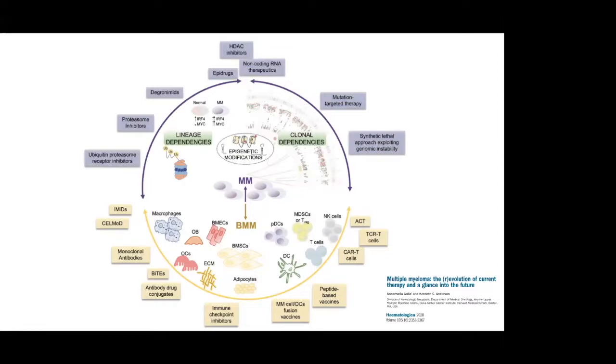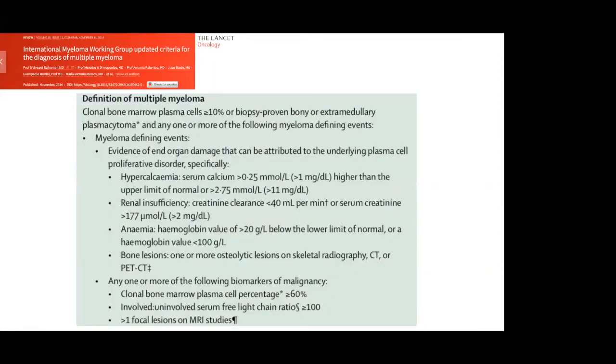And that does change the diagnostics, because in the early days, when there wasn't that much available, the defining events were end of organ damage, expressed by the CRAB lesions: hypercalcemia, renal insufficiency, anemia, and bone lesions, predominantly osteolytic lesions. But these bone fractures, vertebral fractures, really do reduce the quality of life, especially in patients that might live for 10 years.